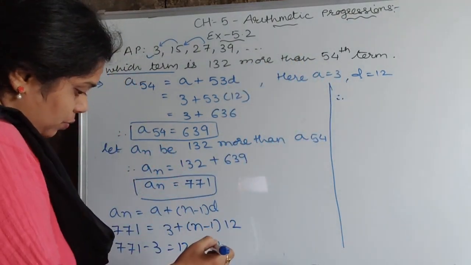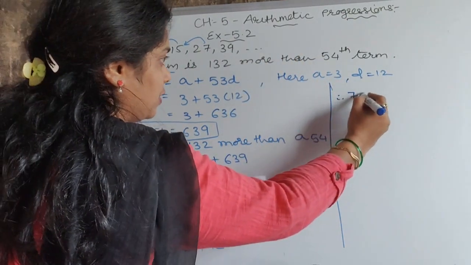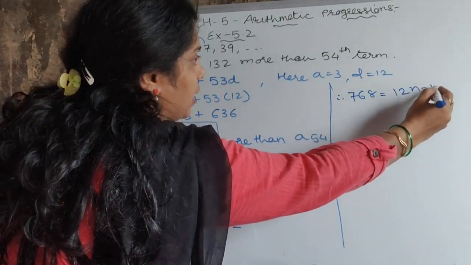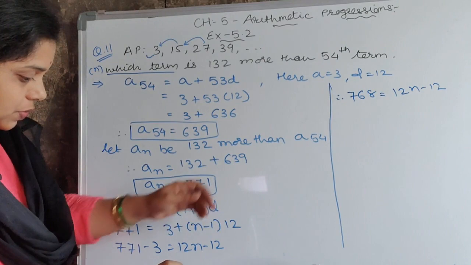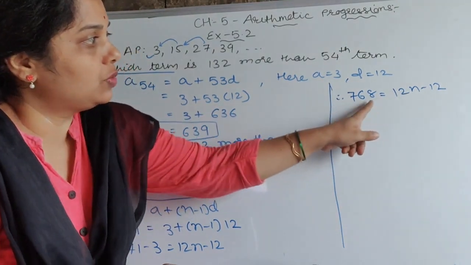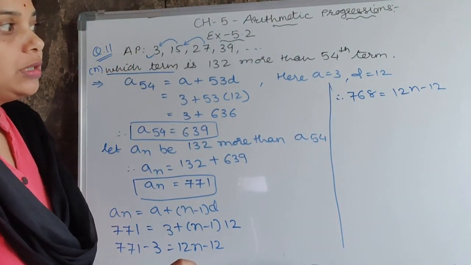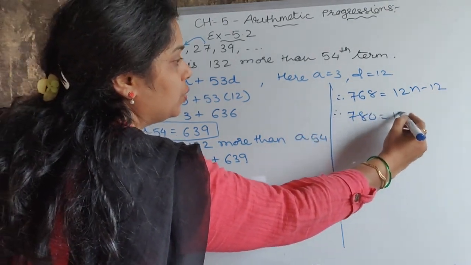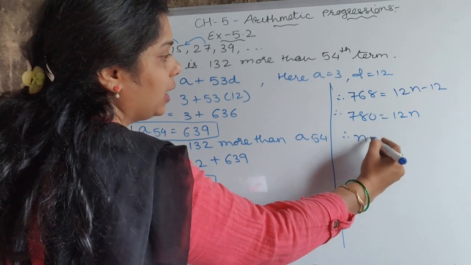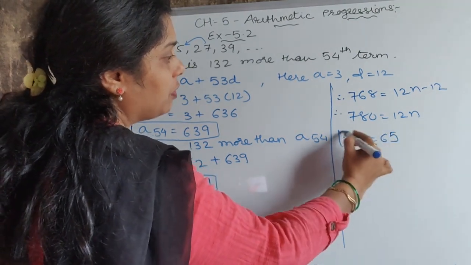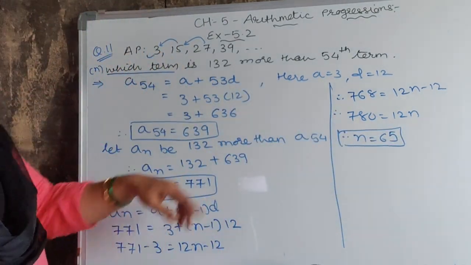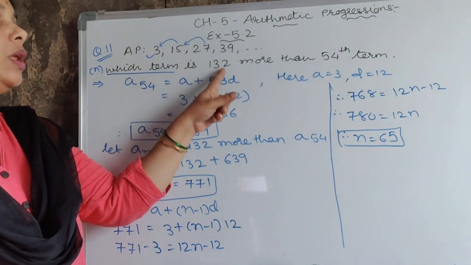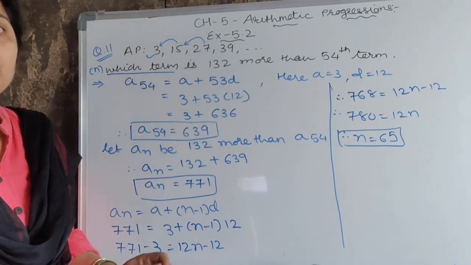So how much is left? 768 is equal to 12n minus 12. Now this 12 we can take to the other side. So 780 is equal to 12n, and therefore n is equal to 65. So we can say that the 65th term is the term which is 132 more than the 54th term.